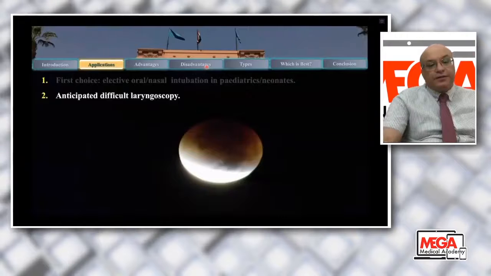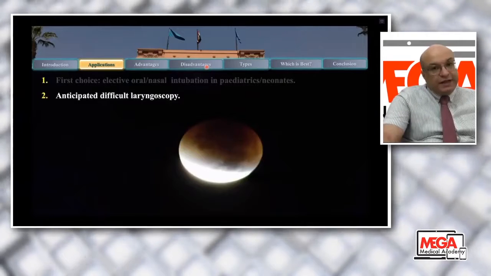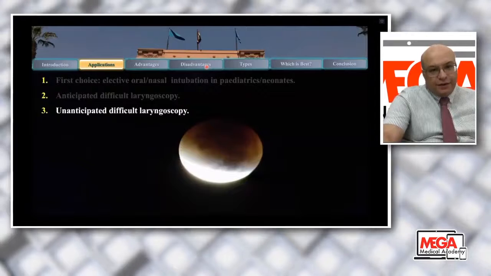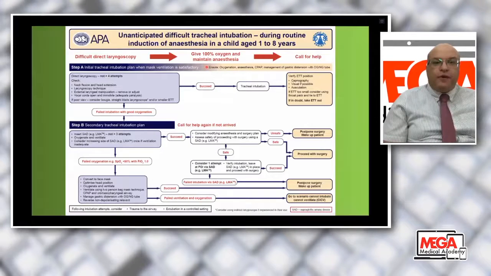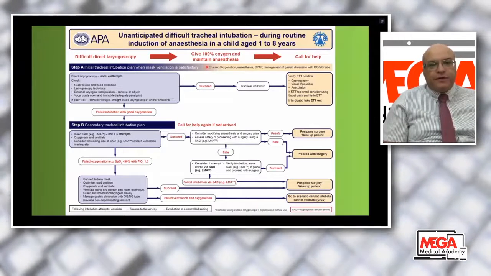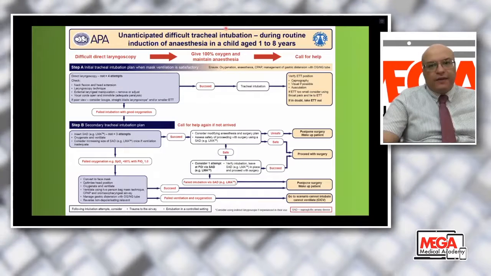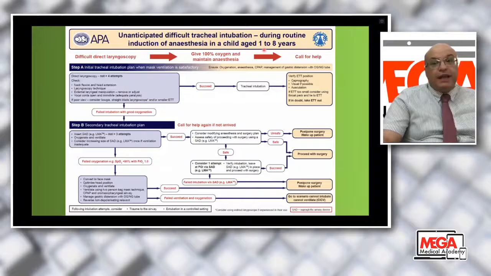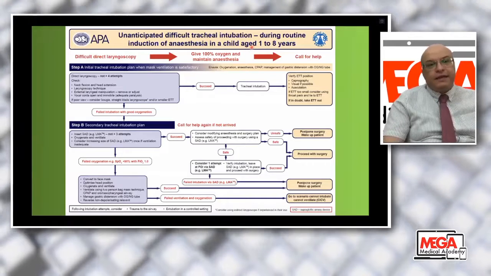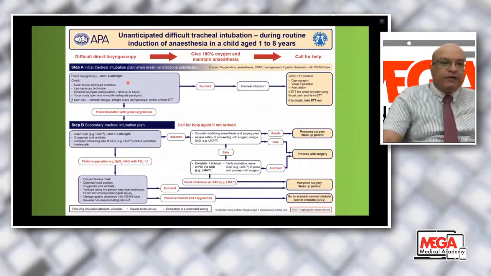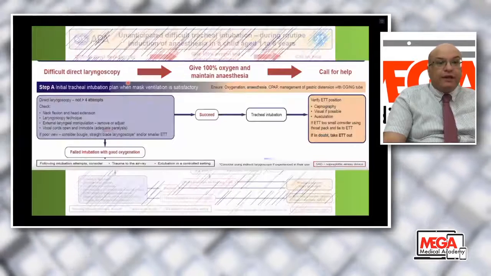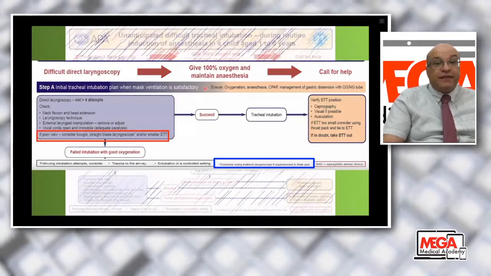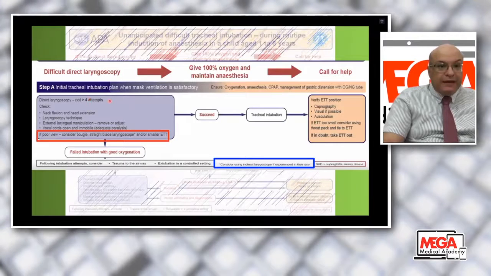Anticipated difficult laryngoscopy is another indication for using video laryngoscopes, or even for unanticipated difficult laryngoscopy. If we go back to the DAS, the Difficult Airway Society algorithm for difficult airway management in children aged 1 to 8 years, you can take a look here at step A, the initial tracheal intubation plan, when mask ventilation is satisfactory and you don't have a problem in ventilation.